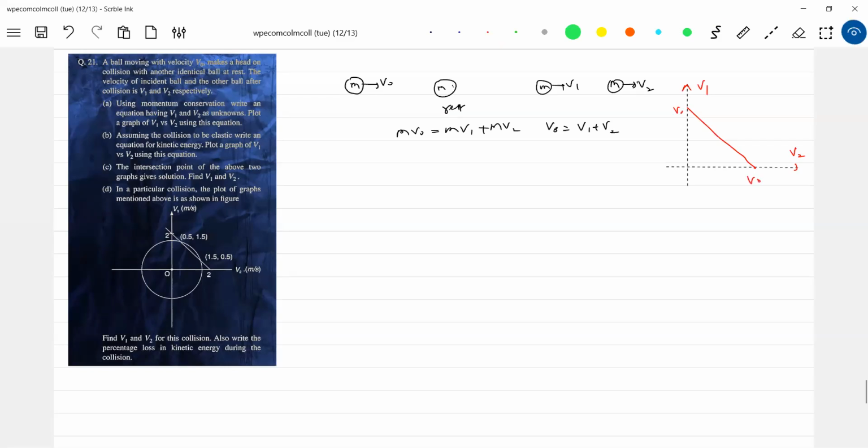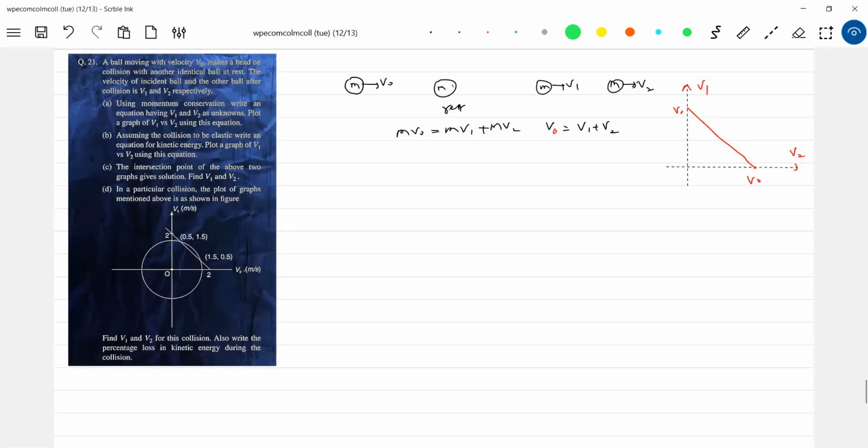On what basis can we write like this? v1 equal to minus v2 plus v naught. If I plot it, it will be a straight line. If v2 is 0, v1 should be v naught. If v1 is 0, v2 should be v naught. Okay, this is the equation of a straight line.